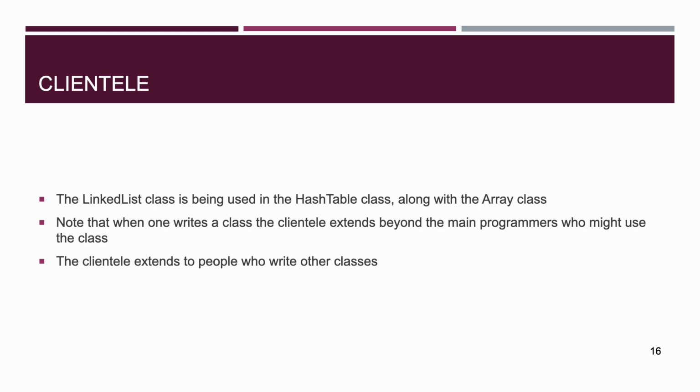This could include developers building more complex data structures or utilities that rely on efficient data storage and retrieval. So we can say that when designing classes, we should think about making them user-friendly and well documented, keeping in mind that a broad range of programmers, present and future, may rely on our code.